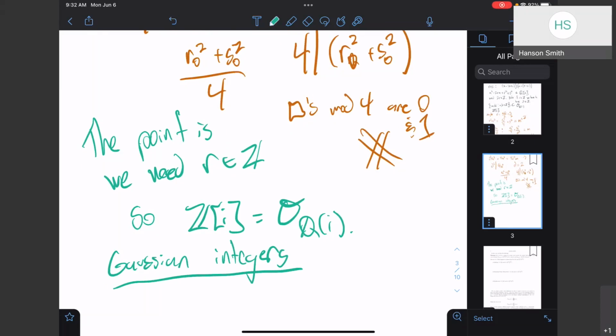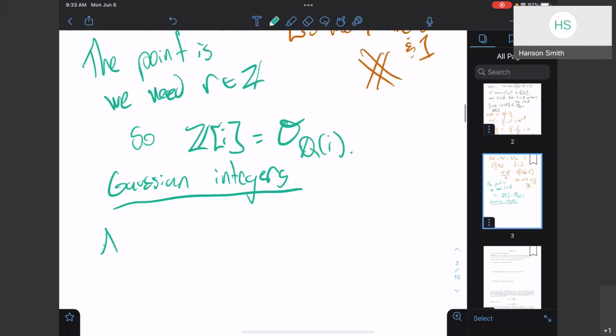At this point, I'll make a little aside about new things that happen in these analogs of the integers. One that's particularly confusing, at least I noticed for me and my students, is that we have stuff other than plus or minus 1 that divides 1. We have new units.